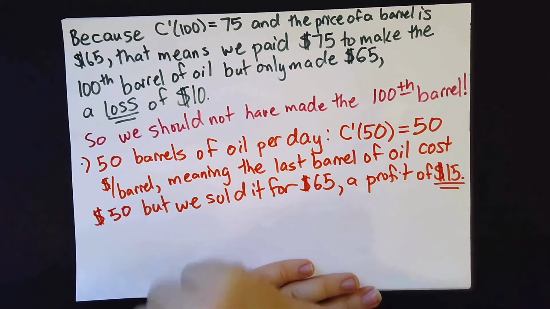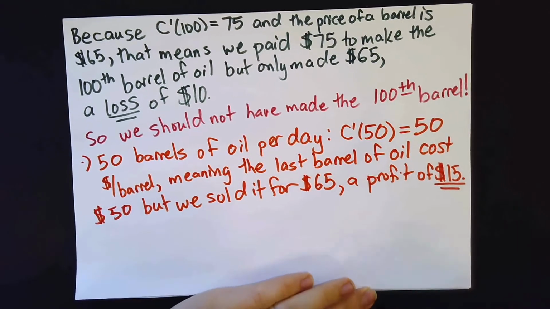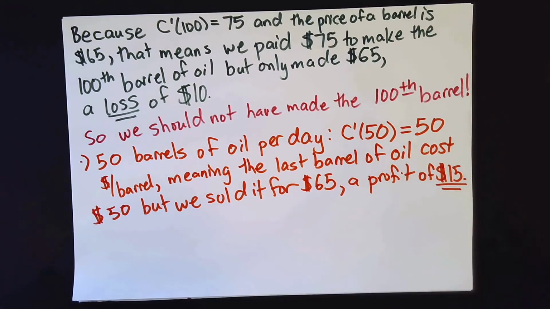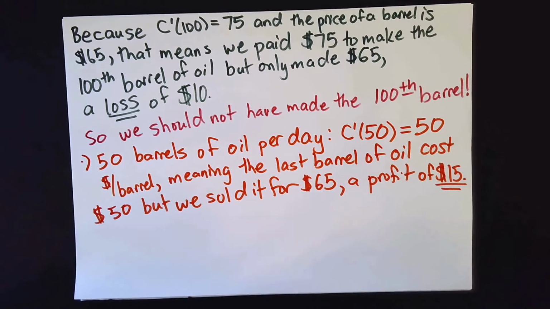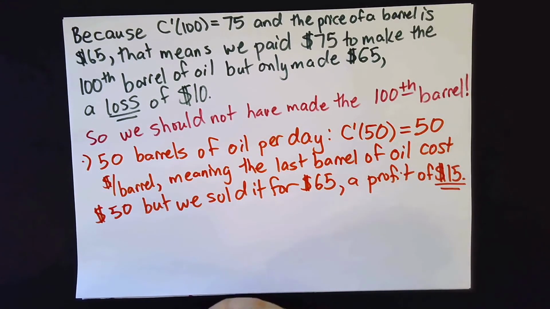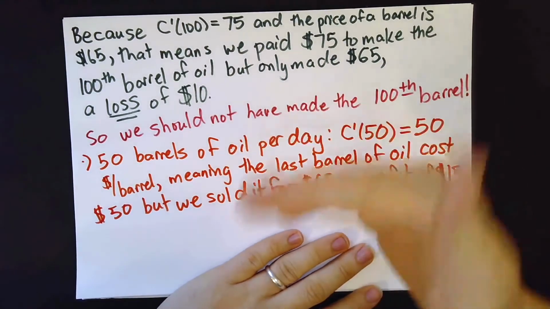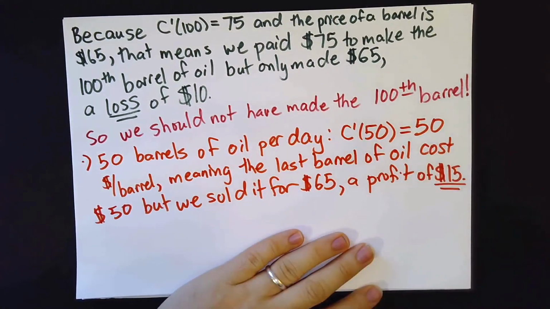Somewhere in between has to be the perfect number of barrels of oil for us to make so that we're making as much money as we can. Now, I want to think about exactly what that means. Well, starting at 50 barrels, I want to make a 51st barrel, a 52nd barrel, and I want to keep going until what happens?